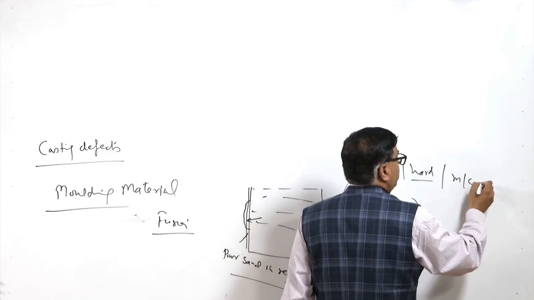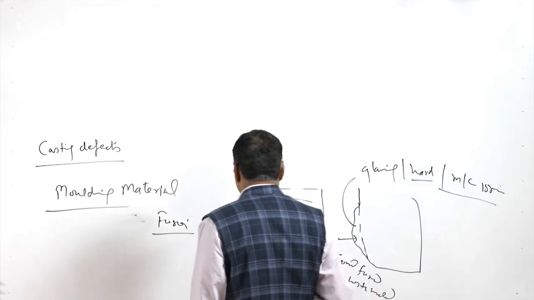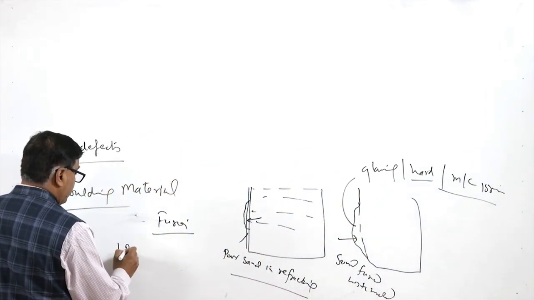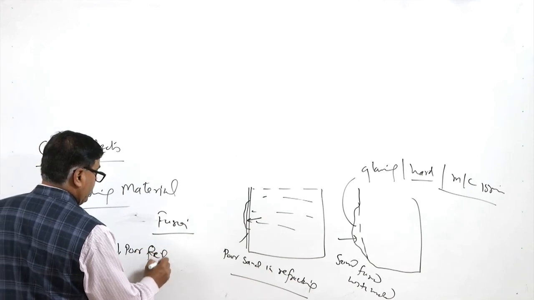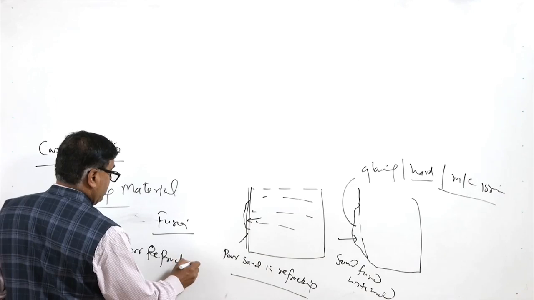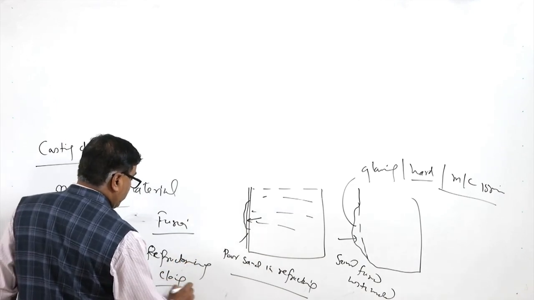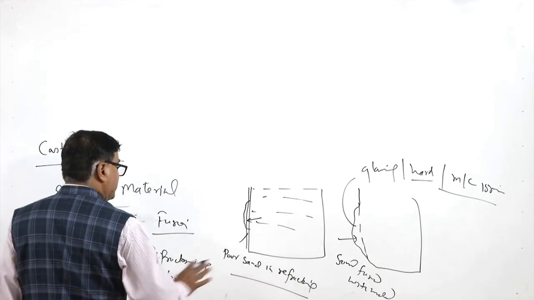So, machining issues are related to the glassy surface; this needs to be removed. This happens primarily due to the poor refractoriness of the clay which is used. So, the proper type of clay needs to be selected so that it does not burn out.